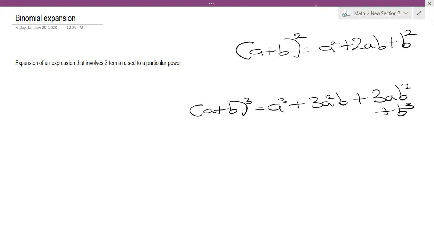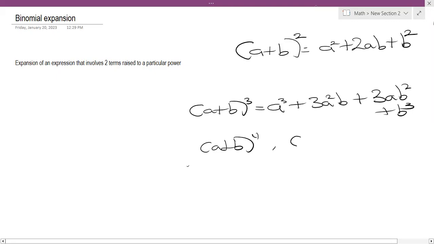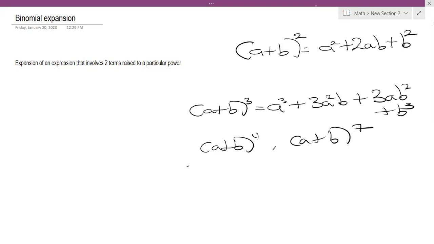But when you start going to a plus b raised to power 4, or a plus b raised to power 7, and they ask you to find a term, it becomes a bit more complex. So now, how do you do this?